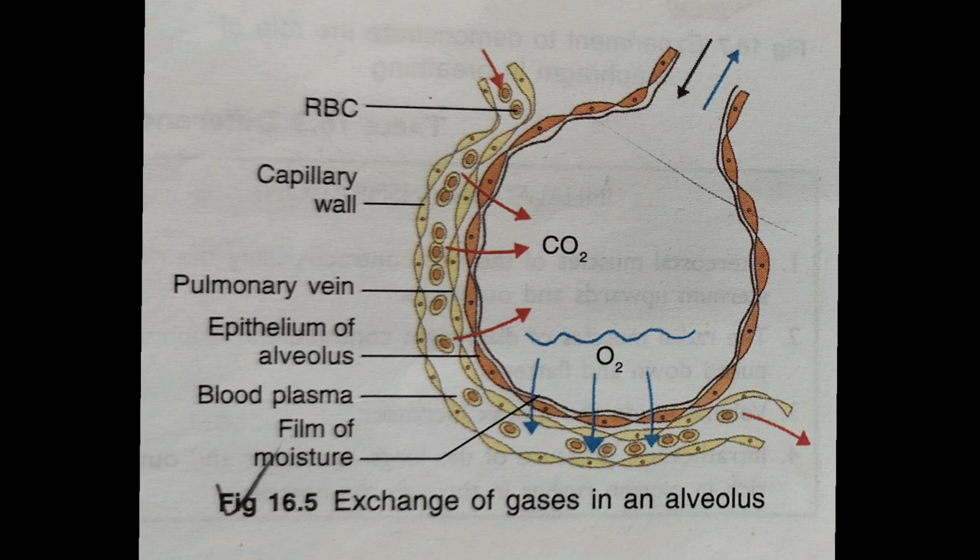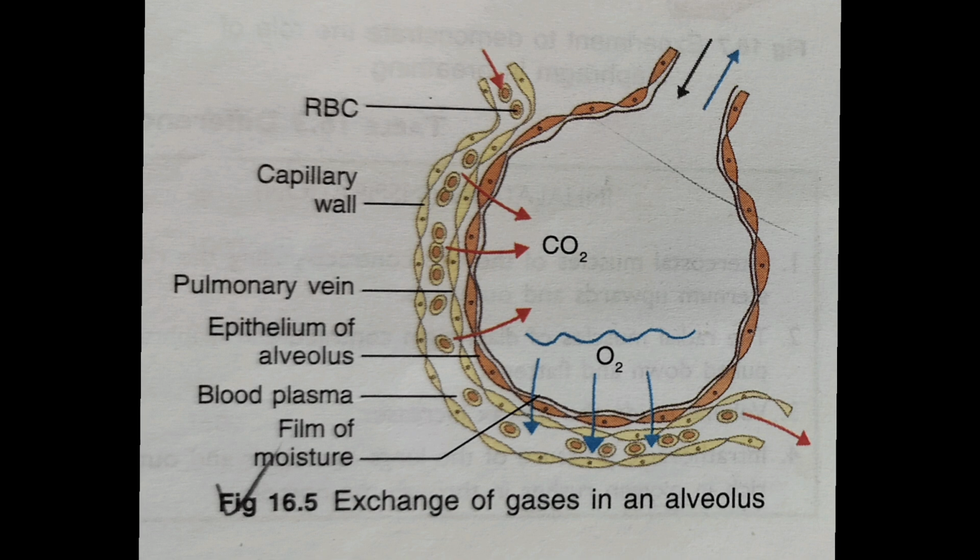As you can see here, the small yellow structures help in rapid diffusion of gases such as oxygen and carbon dioxide between the alveolar air and the capillaries. So there is capillary blood and alveolar air through which the exchange happens.